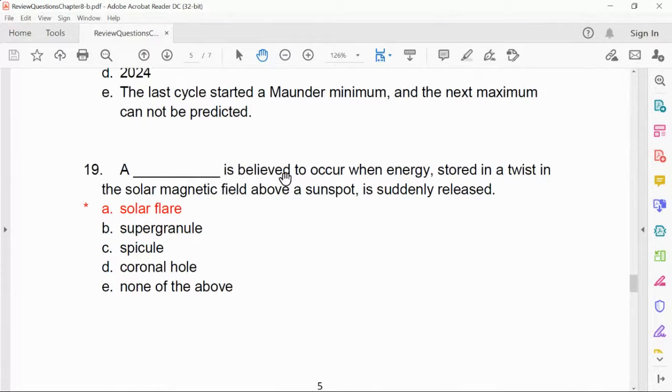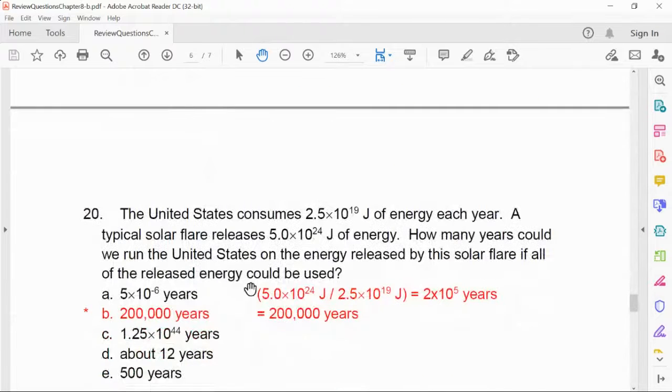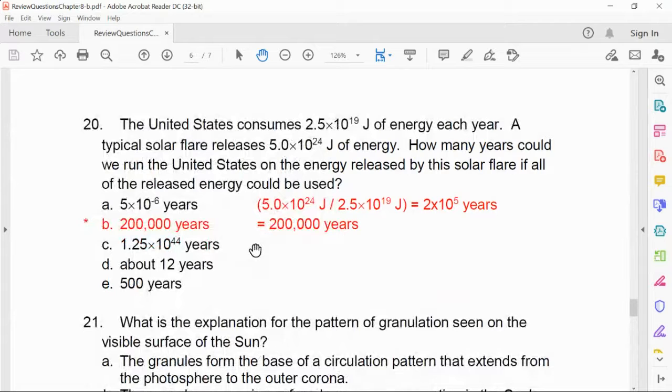A solar flare is believed to occur when energy stored in a twisted solar magnetic field above a sunspot is suddenly released. That's when you have a solar flare. Now, just to give you an idea of how powerful these flares are, the United States consumed 2.5 times 10 to the 19 joules of energy each year.